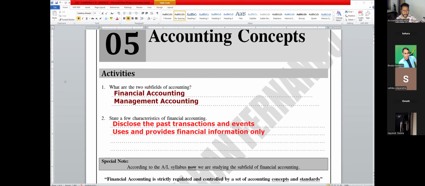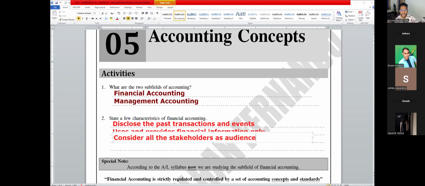And the next is: consider all the stakeholders as audience. It's another important point.